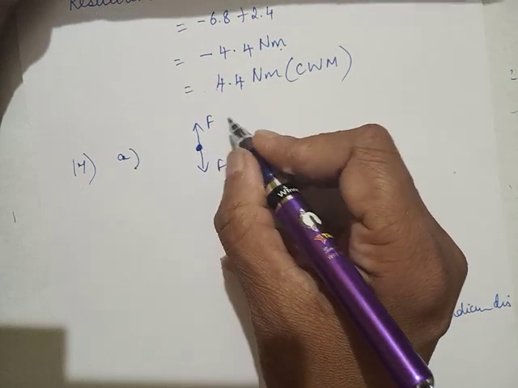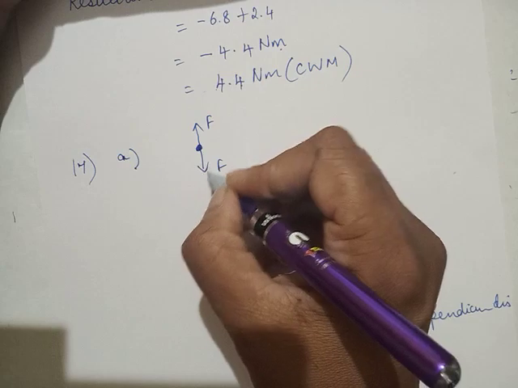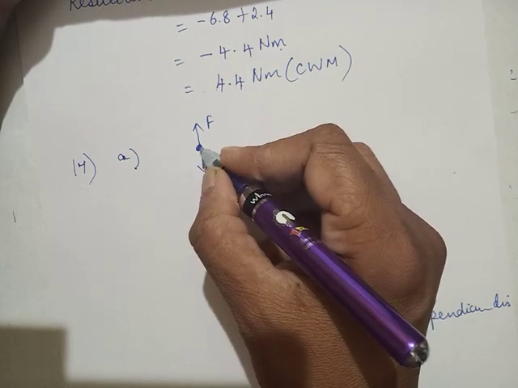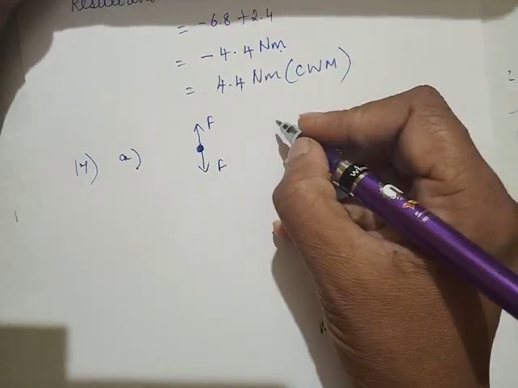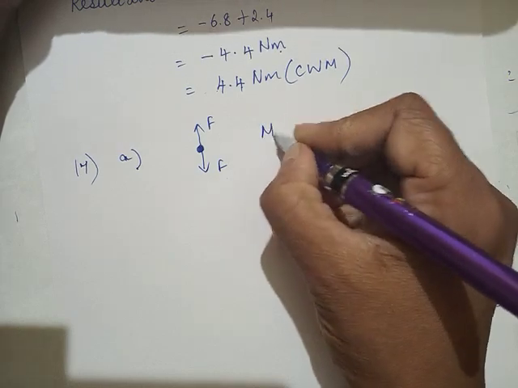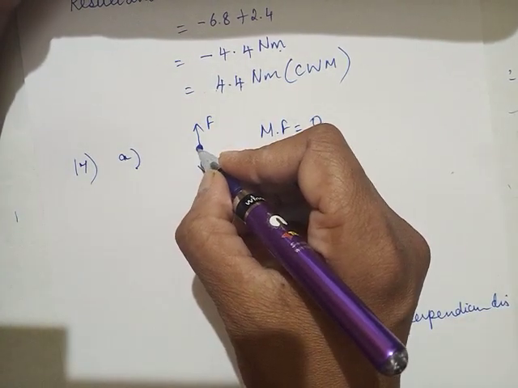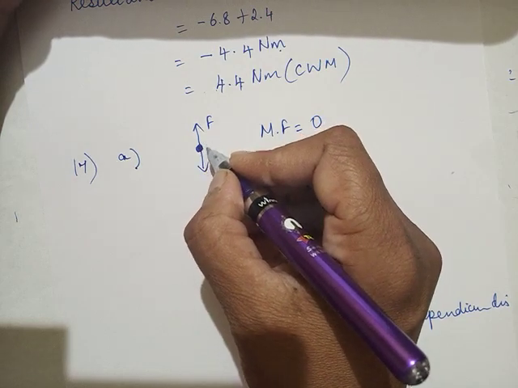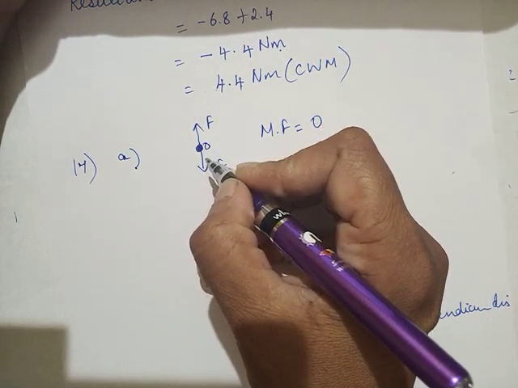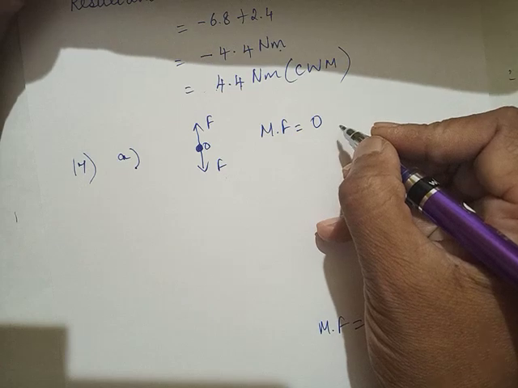Now this will cause a clockwise and this will cause an anti-clockwise moment, but the resultant moment will be 0. Moment of force will be 0. Why? The perpendicular distance between the axis of rotation and them will be 0. Therefore, moment of force will be 0.